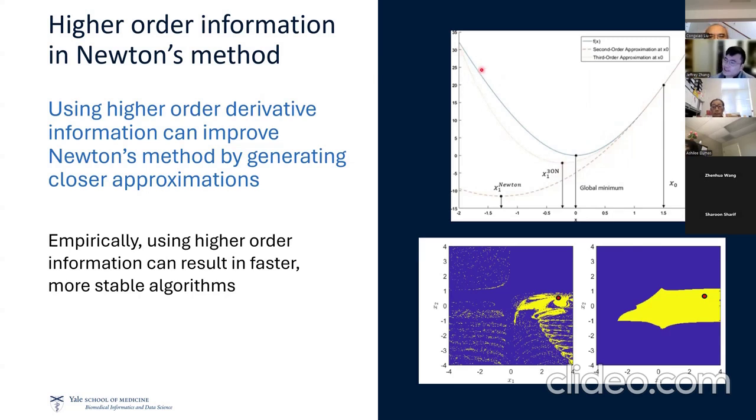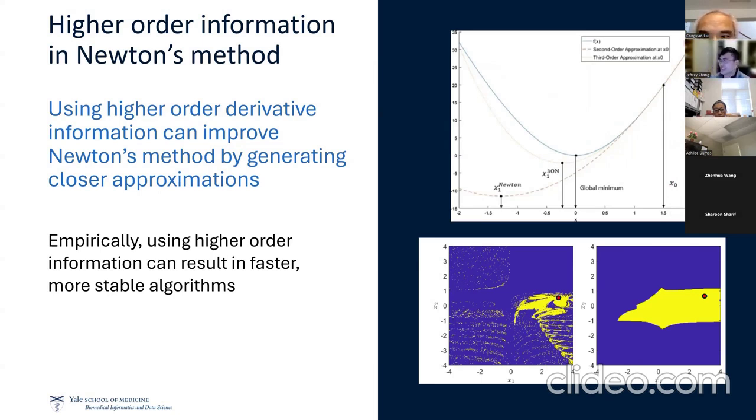You can see that the third order Taylor expansion gives you a much better approximation of the function, and that translates into faster convergence and better basins of attraction. For example, the basin of attraction of this function is somewhere out here. If I had started Newton's method from over here, it would not converge to the global minimum.